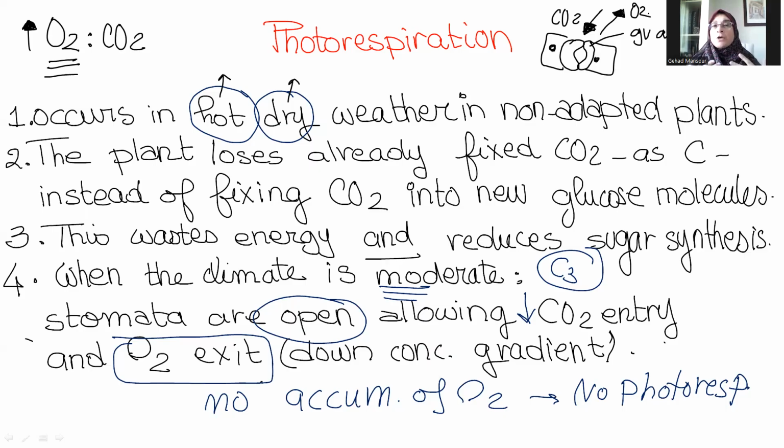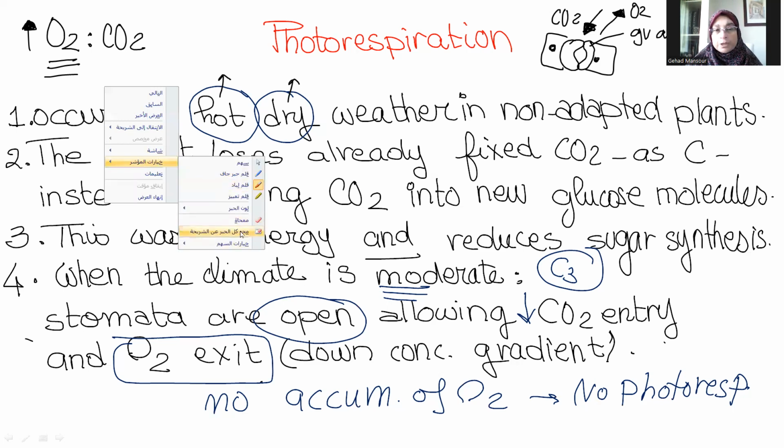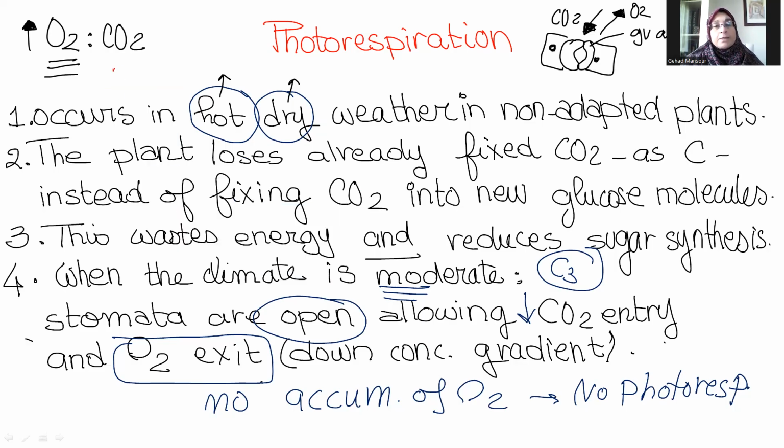Because when the weather is very hot and very dry, in the majority of plants, which are called the C3 plants... why are they called the C3 plants? Because the first intermediate compound that is formed is 3-phosphoglyceric acid, and it is a 3-carbon compound. So we call them C3 plants.